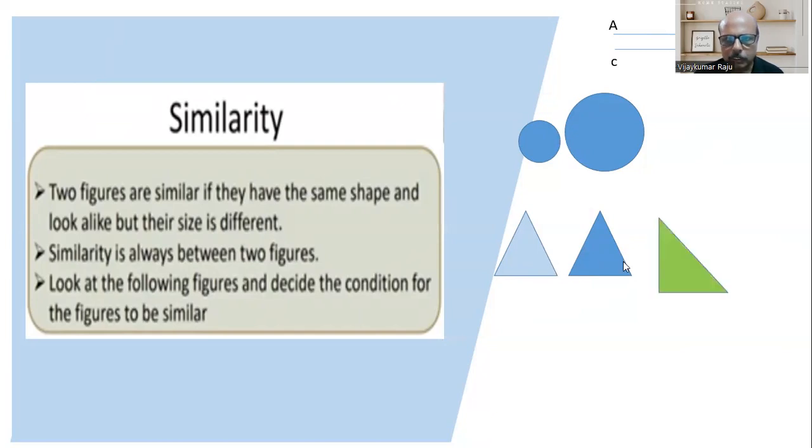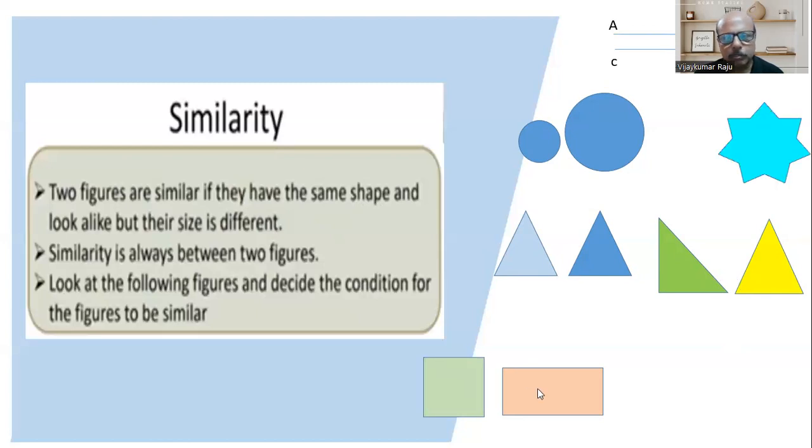Now let us see this triangle. Take this triangle. You can clearly see these two have a different shape. But what is the condition? It should have the same shape. So different shape means they are not similar. This is a rectangle. Take a square. Different shape, not similar.